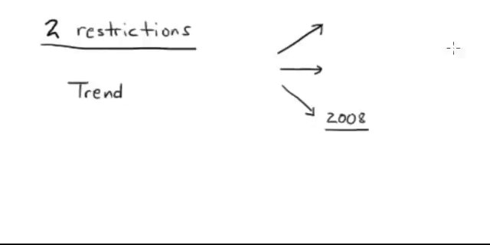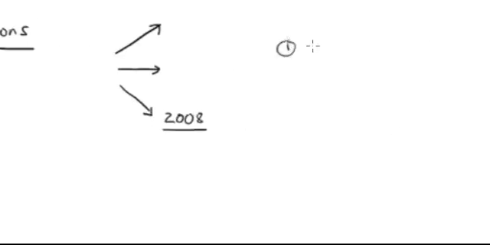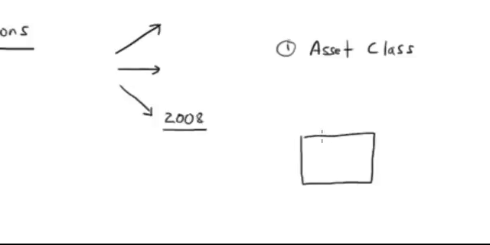And those restrictions are, number one, the manager must stick to the asset class of choice in their prospectus. So I've done other videos. One video, if you want to watch the Modern Portfolio Theory video, it'll explain to you about the asset class. So the point is that if you are a money manager and your prospectus says that you can be a large cap growth manager, so the Morningstar style box, right?